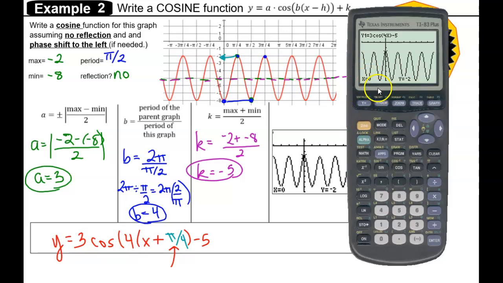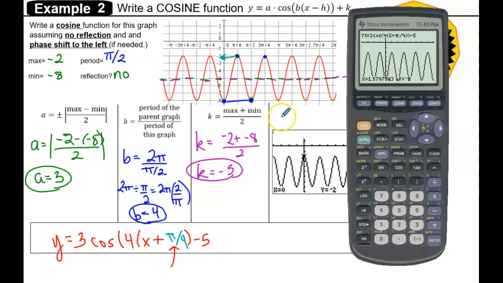So now let's go back to our equation in the calculator, and we'll have a parentheses after the b, then x plus pi over 4. Then our vertical displacement is a -5, and we'll click on graph.